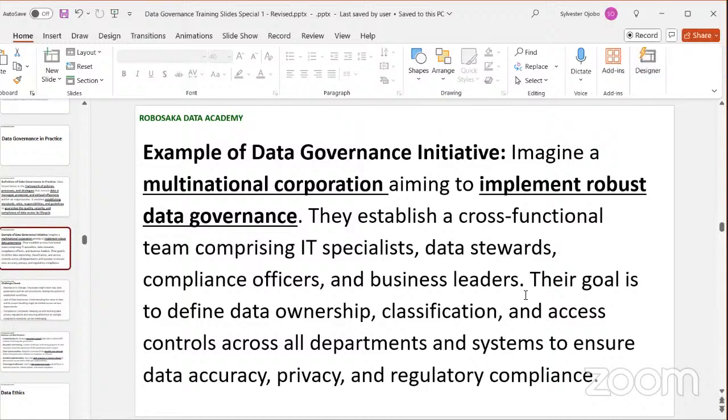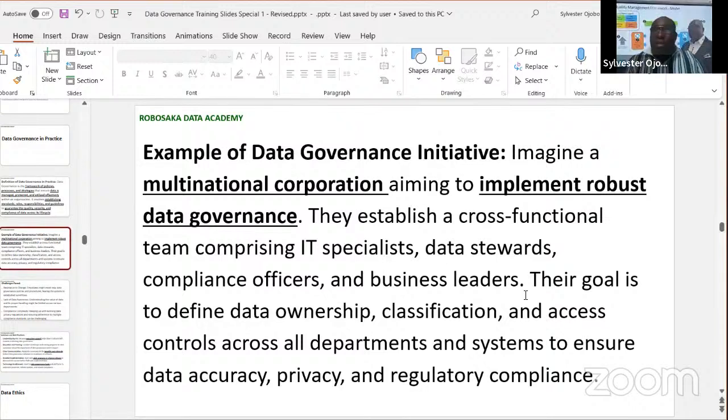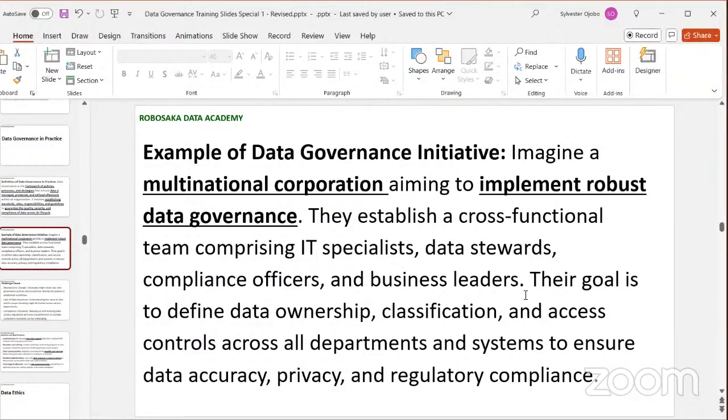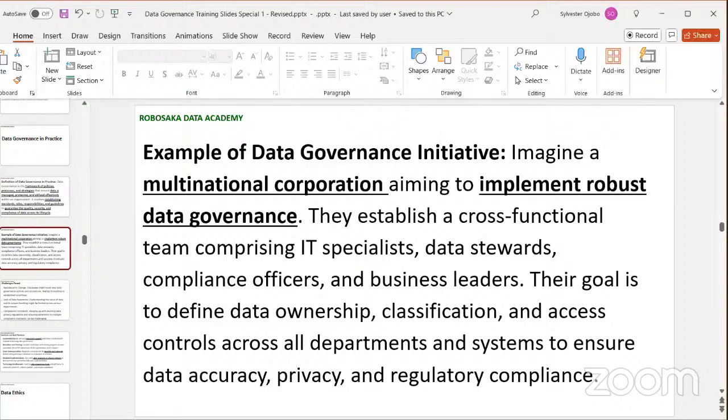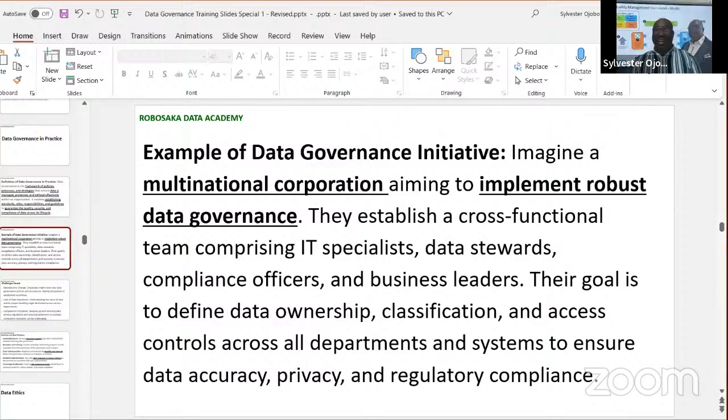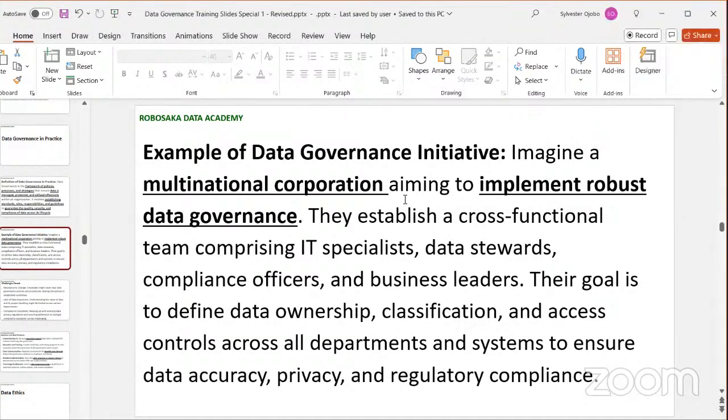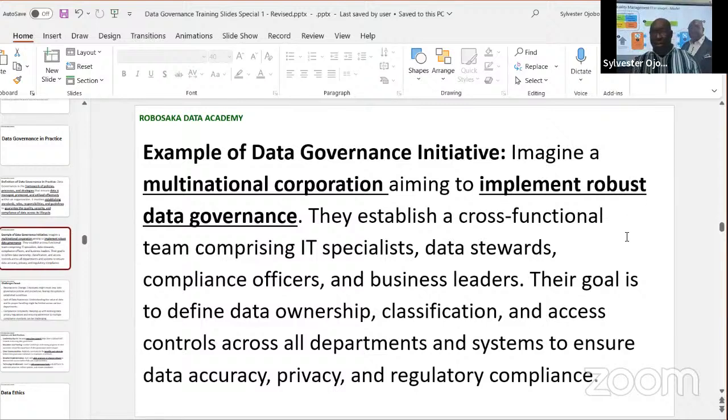Yes, data steward and IT specialist all have something to do with data governance. But as it is, there's no data governance manager. So that is why they want to employ you to implement this.